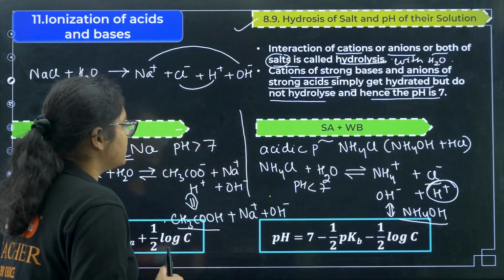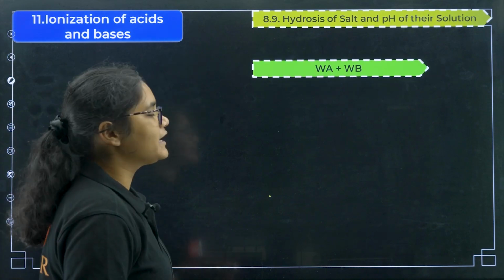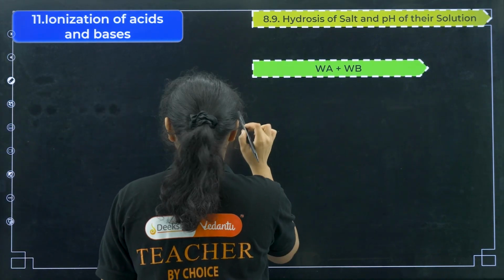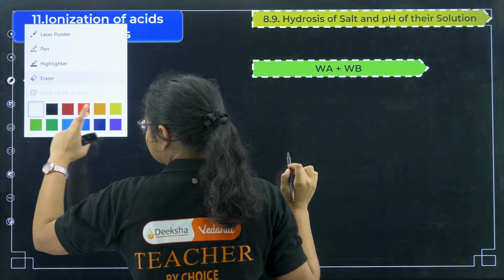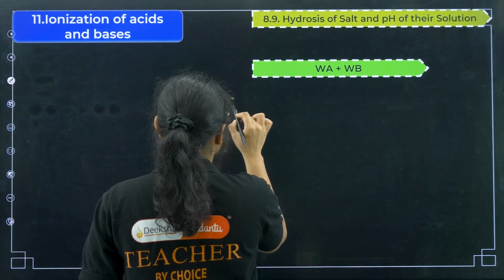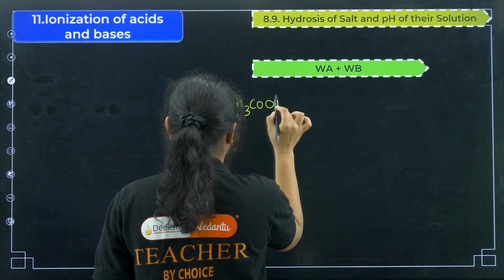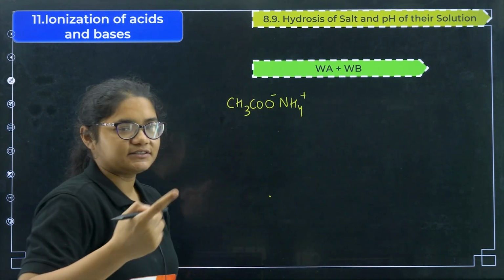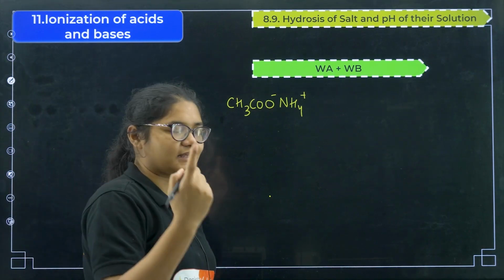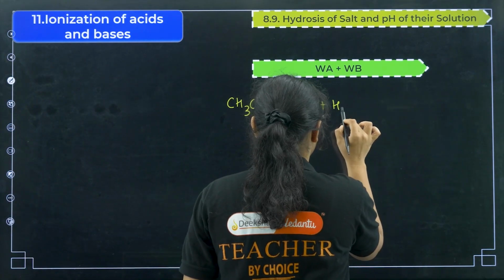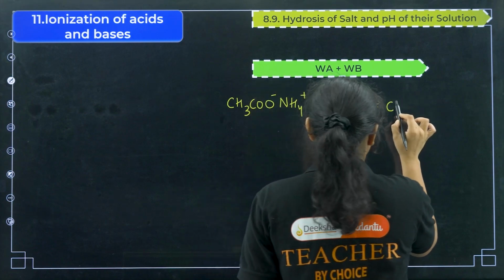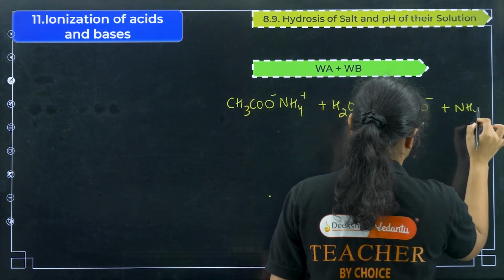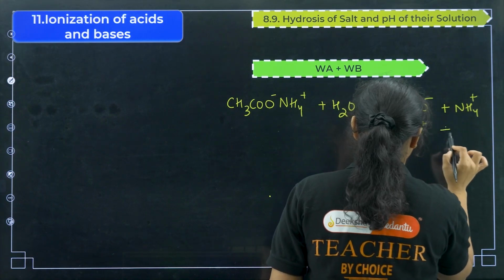Now we will go to the third category of salt, that is weak acid and weak base. Here I will take a salt like CH3COO minus and NH4 plus. This is made up of CH3COOH and NH4OH, a weak acid and a weak base. Now if I put water in that, I will get CH3COO minus plus NH4 plus, H plus and OH minus.